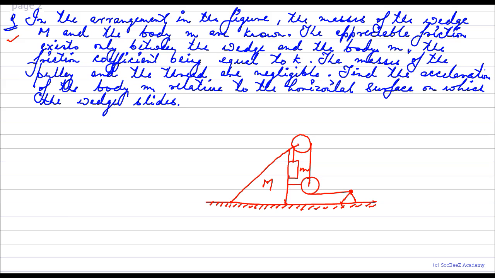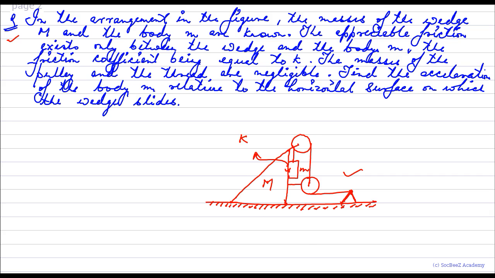Okay, so this is basically the diagram which has been given to me. There is a wedge which is moving on a frictionless surface. There exists a friction between the wedge and the small block of mass m. Fine. Now this end of the string is fixed, and there exists some appreciable friction, the friction coefficient being equal to k.